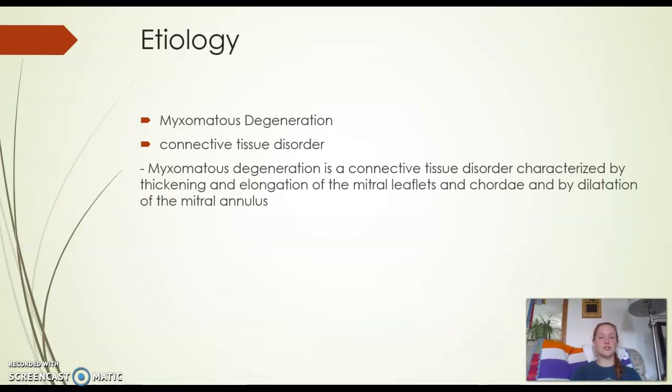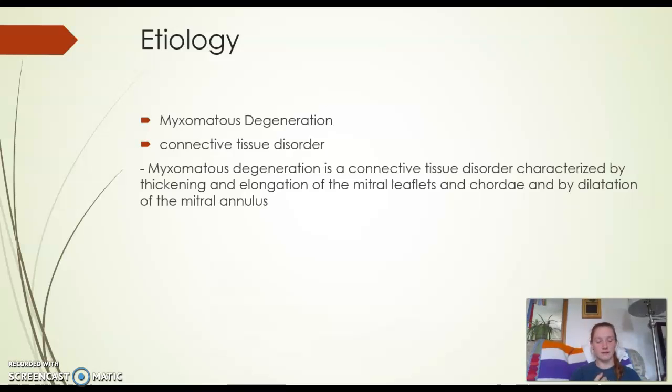So the etiology kind of goes with the classifications, and has to do with myxomatous degeneration, which is the connective tissue disorder. It's characterized by the thickening and elongation of the mitral leaflets and the chordae, and by dilation of the mitral annulus.